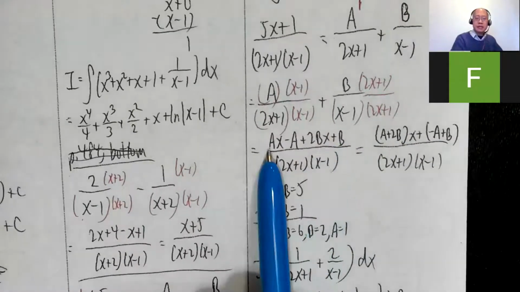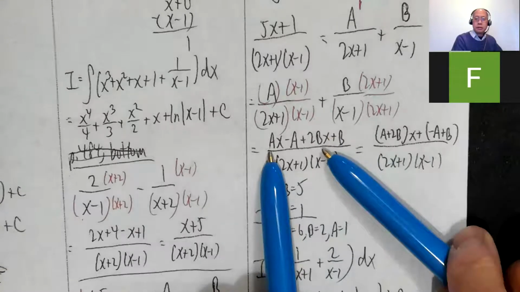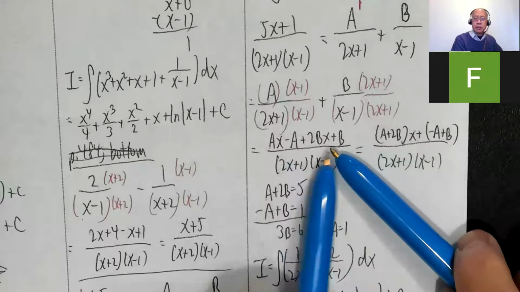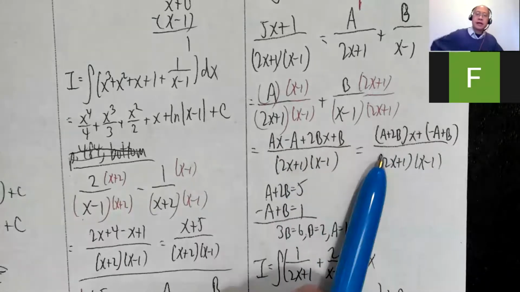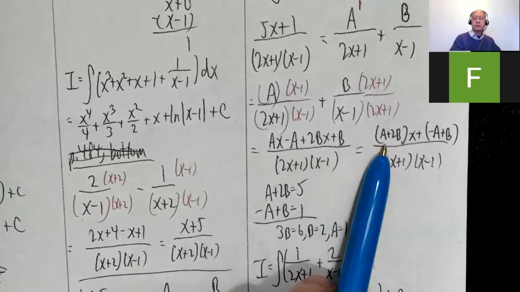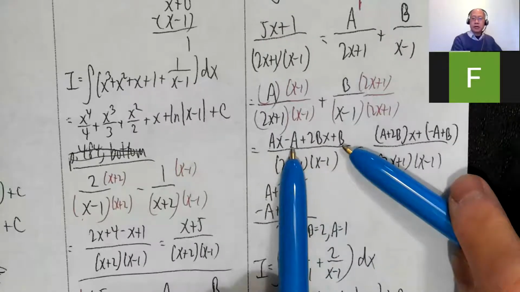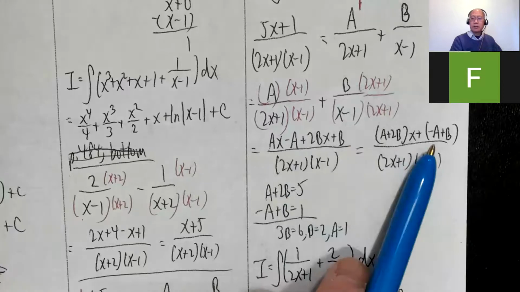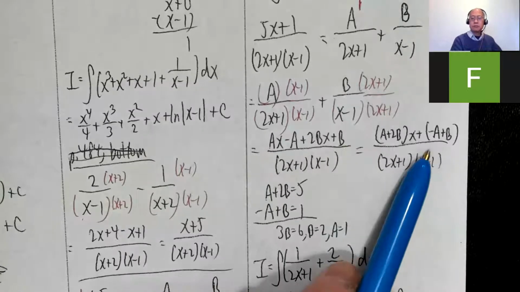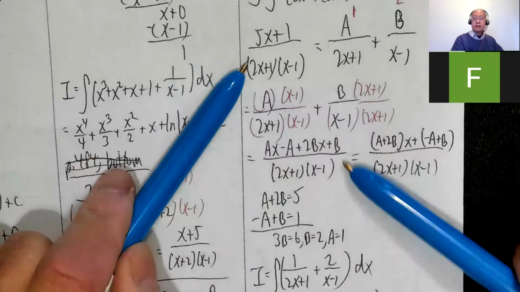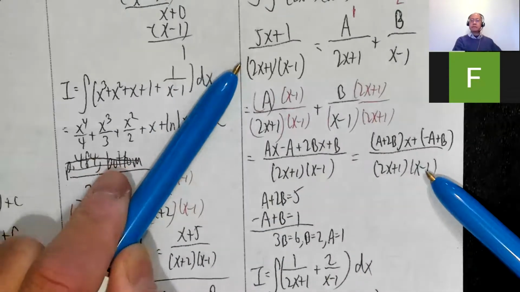Put together the x's and put together the non-x's, the constants officially. So these two have an x. Factor out the x, a plus 2b, x, plus parentheses, these two guys that don't have any x, negative a plus b. These two fractions have to match.